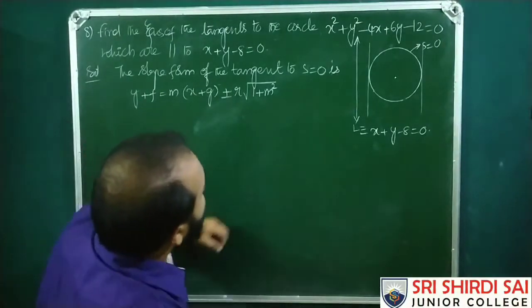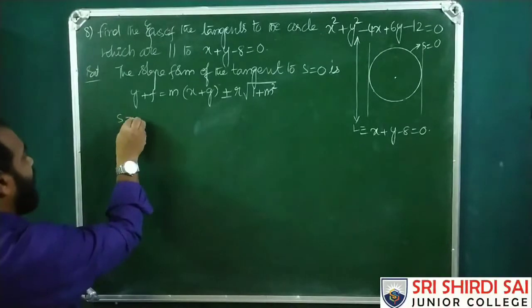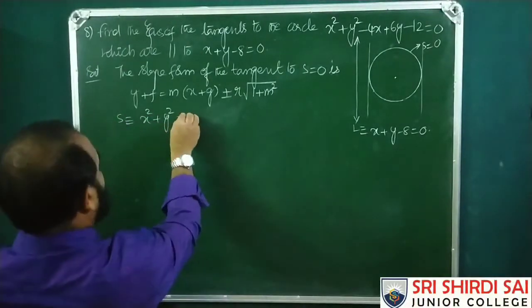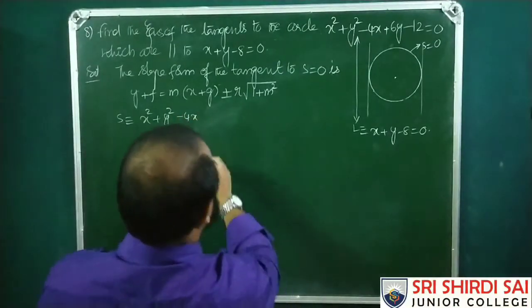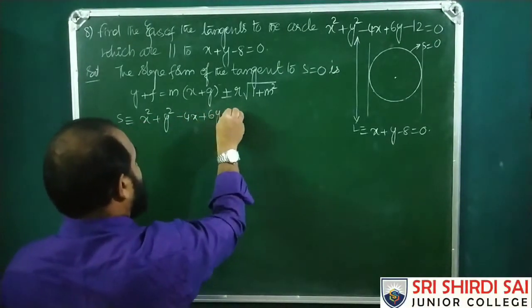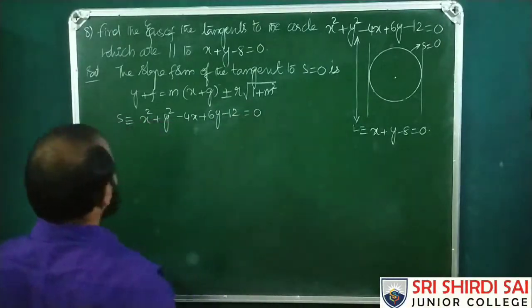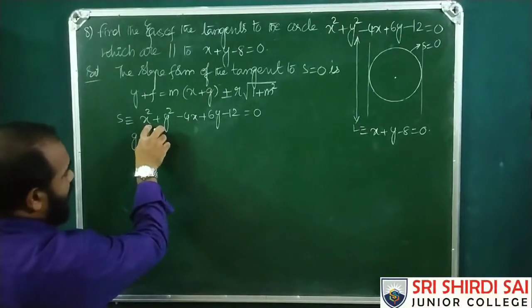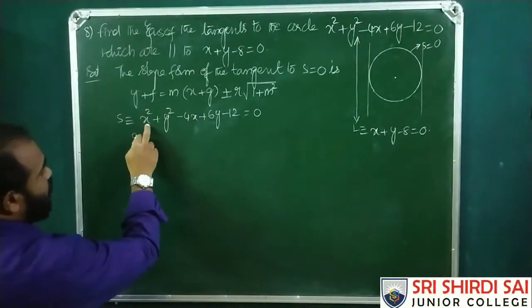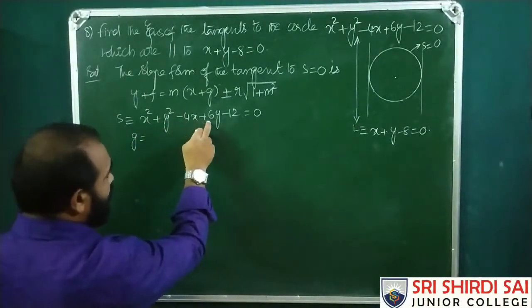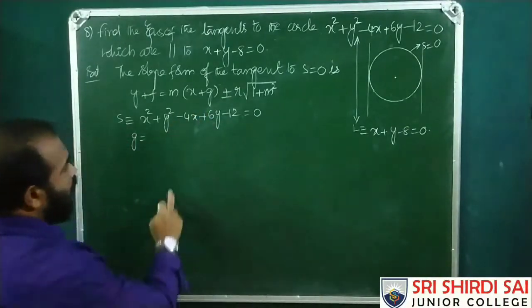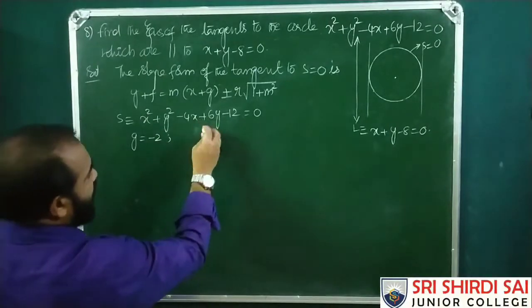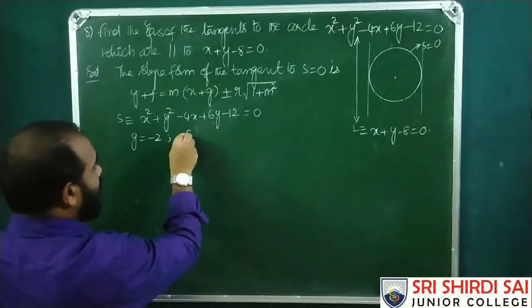Here the circle is x² + y² − 4x + 6y − 12 = 0. You just compare this with the general equation of the circle, x² + y² + 2gx + 2fy + c = 0. 2g = −4, g = −2, 2f = 6, f = 3.